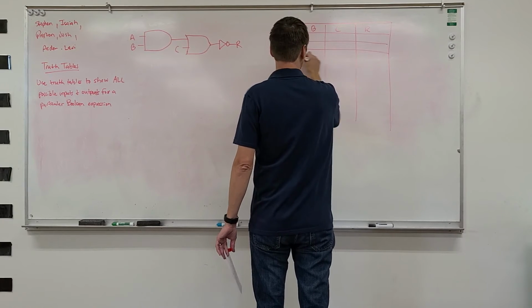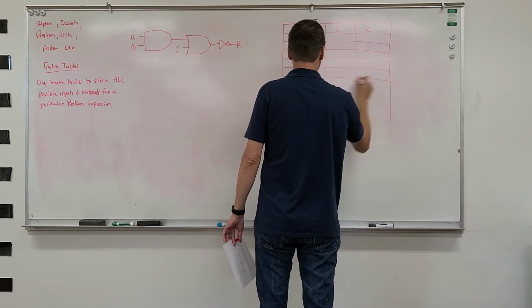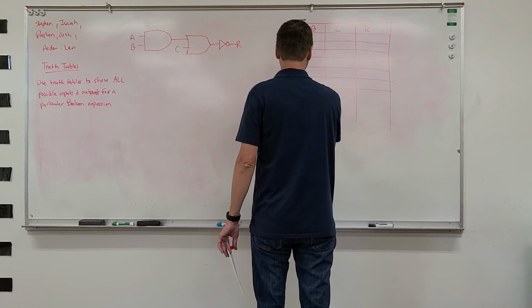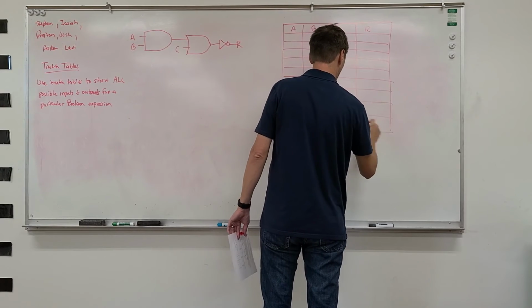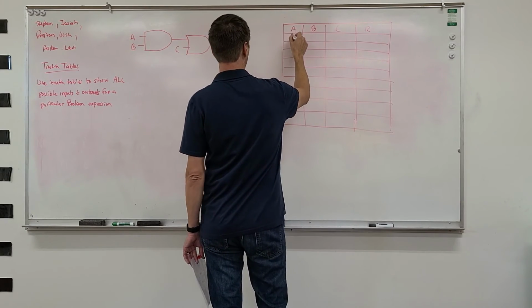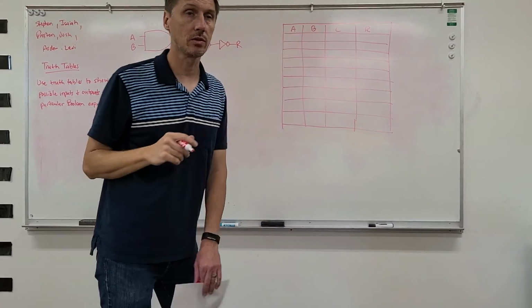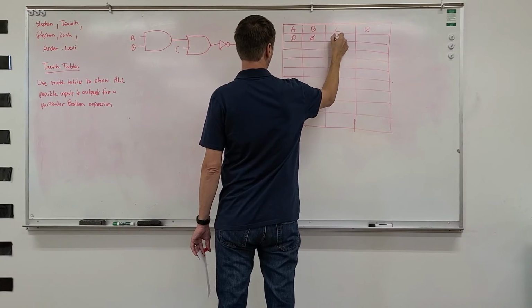And the easiest way to do this is just write down all of your possible input values first. And I'm not sure how many rows we need yet. So it's going to be the possible input values. I'm going to do zeros this time, just so it'll be a little easier to write. So I'm not even thinking about the problem yet.